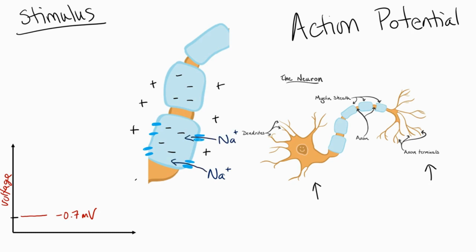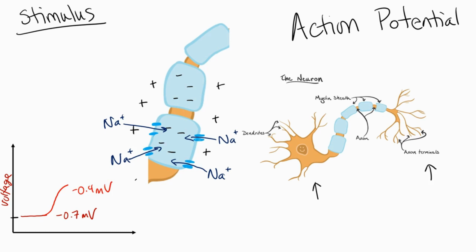They come in through these channels and they come in everywhere possible. When that happens, all of these plus charges enter this negative space and make that voltage a lot more positive. So suddenly, instead of it being negative 0.7, we get a rise, and we end up at like negative 0.4. So it's a little bit less negative.